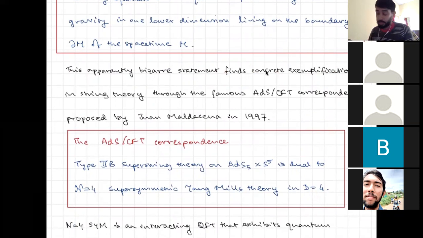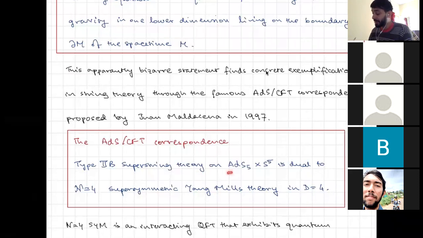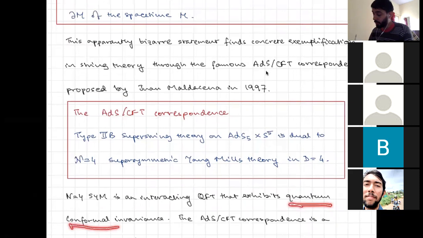A lot of words, a lot of things that do not make sense to you. But the point is there's some sort of string theory on an anti-de Sitter background times some 5-sphere that is dual to something here. This something, N=4 supersymmetric Yang-Mills theory, is actually an interacting quantum field theory which exhibits quantum conformal invariance.